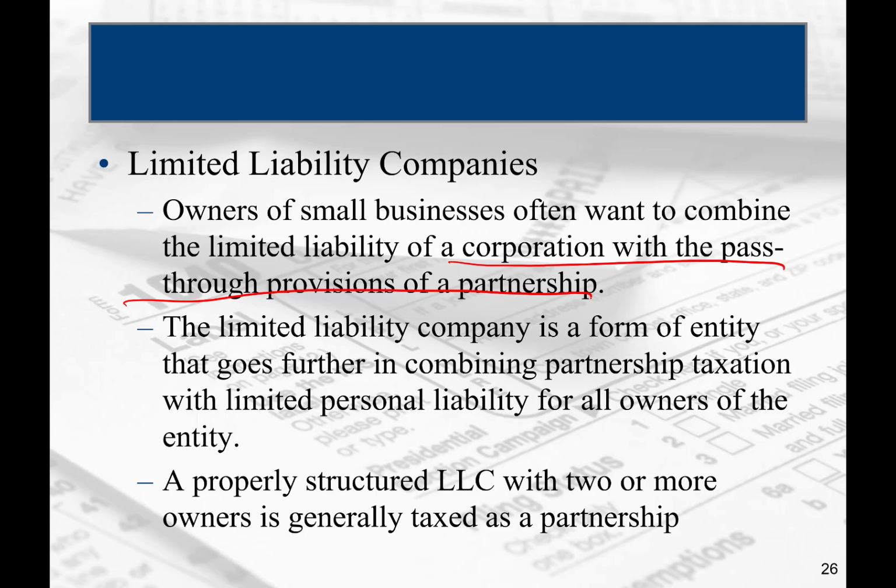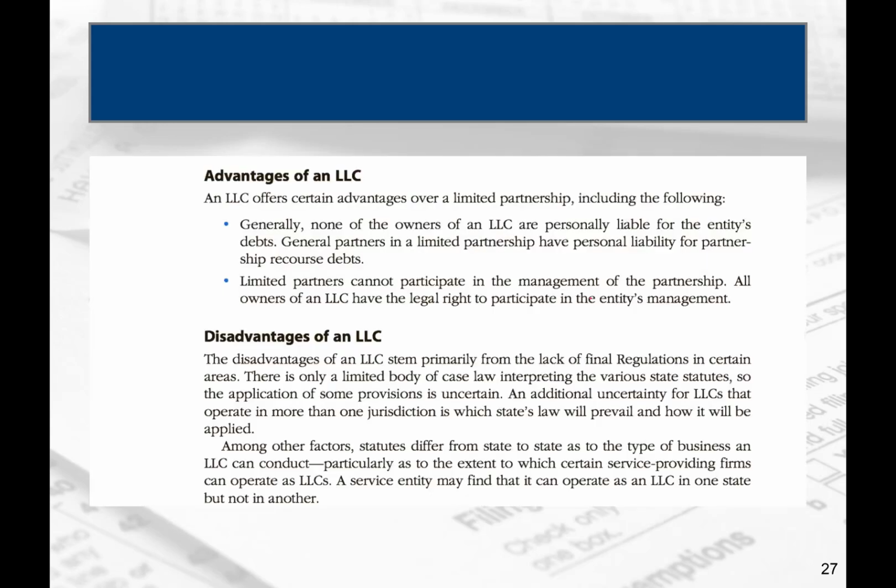So the limited liability company goes further in combining partnership taxation with limited personal liability for all owners of the entity. A properly structured LLC with 2 or more owners is generally taxed as a partnership. So the income flows through to the partners, but they get the liability protection of a corporation when they go with the LLC.